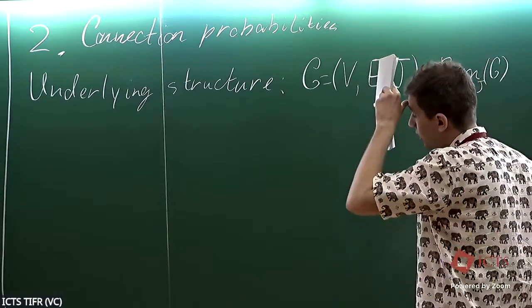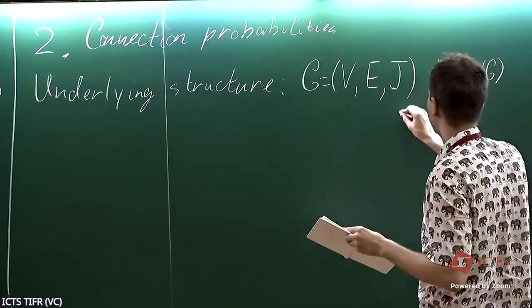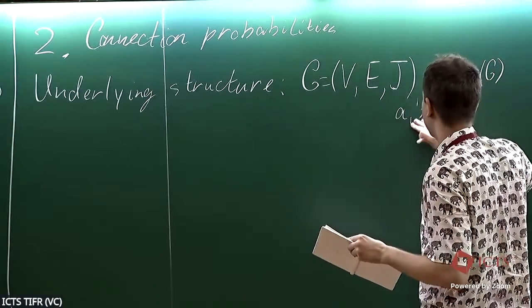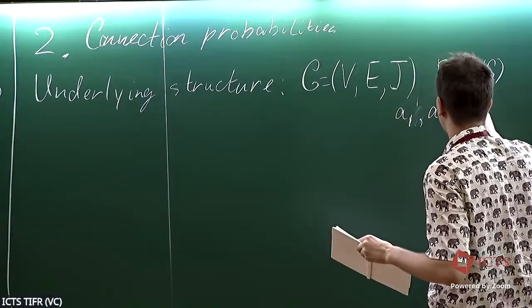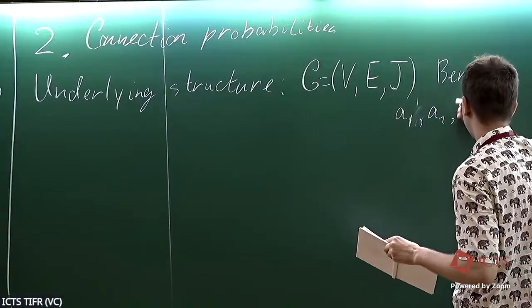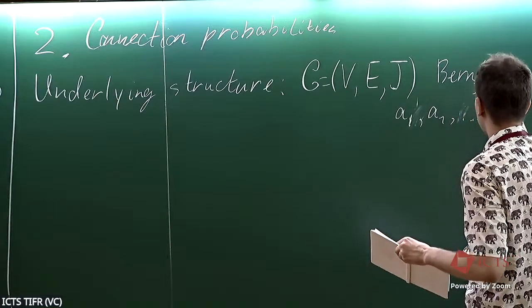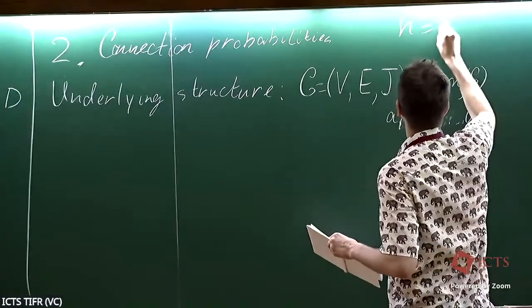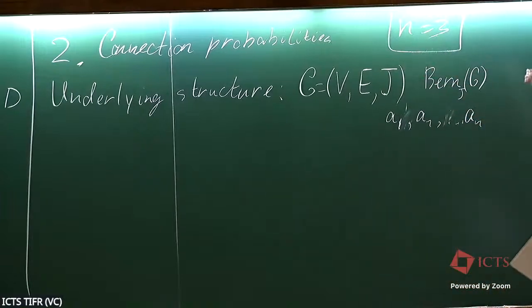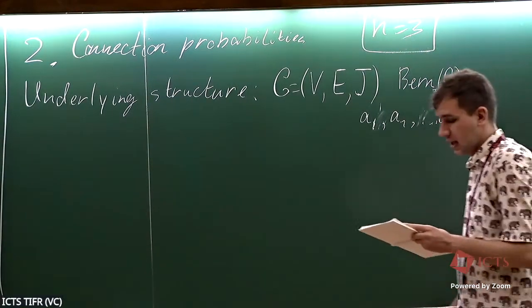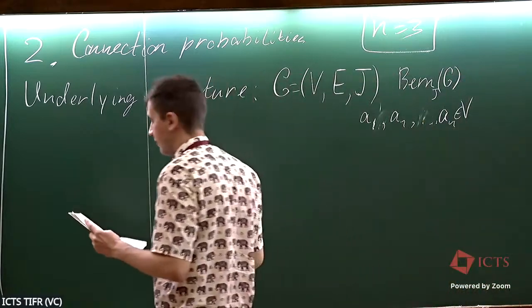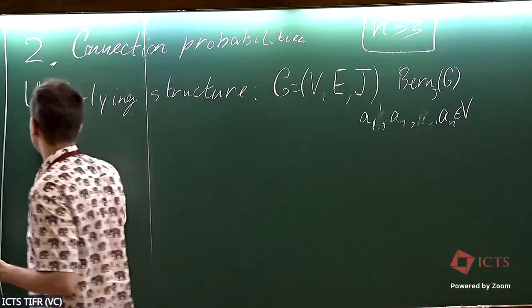And I also have n vertices, a1, a2, a3, ..., an. I just want to say for a moment that n is again equal to 3 to serve as the easiest case. So I have vertices. And I also don't see the underlying structure.